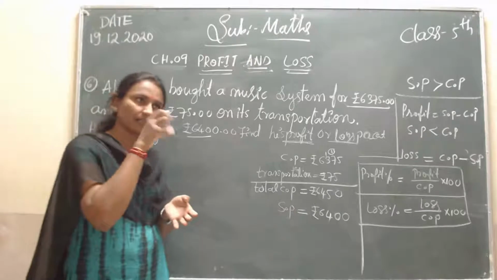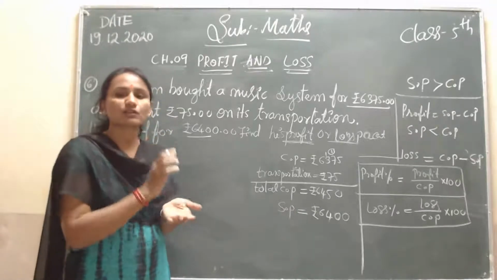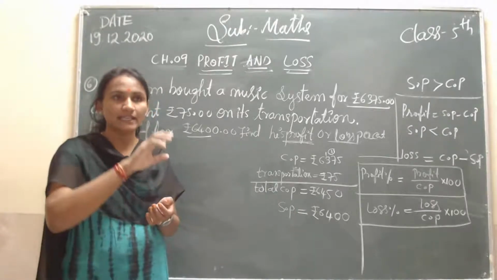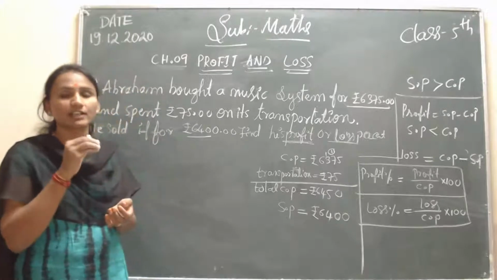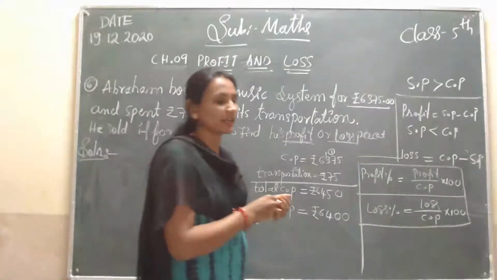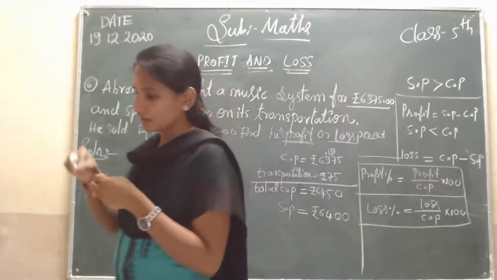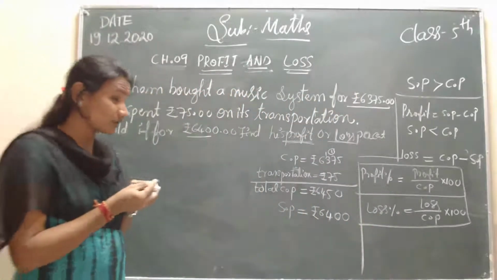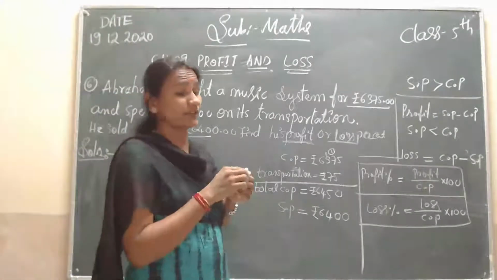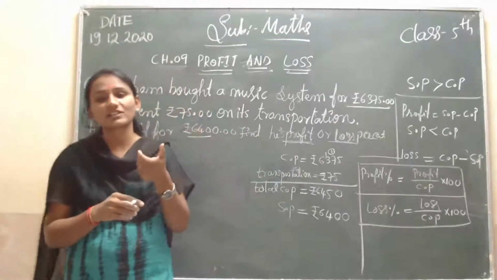What is the total cost? 50,000. So he sold it for 45,000. Students, just compare. The cost price is 50,000, but the selling price is 45,000. Just compare, 5,000 is less.